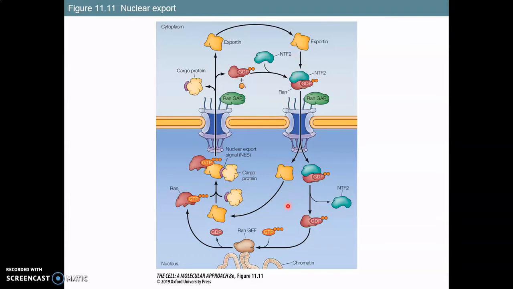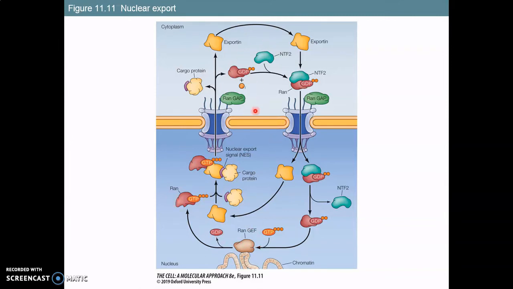That will allow them to passage back through, and we can recycle the exportin, which can then move more proteins back out. We can then take our RAN-GDP, make it associate with the exchange factor, which will make it drop the GDP and pick up a GTP and be able to repeat the cycle again.